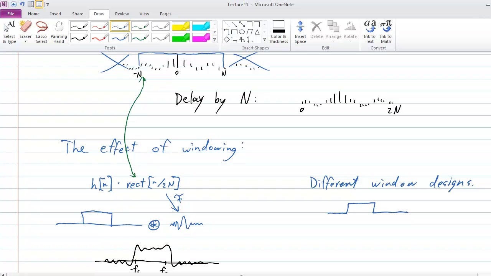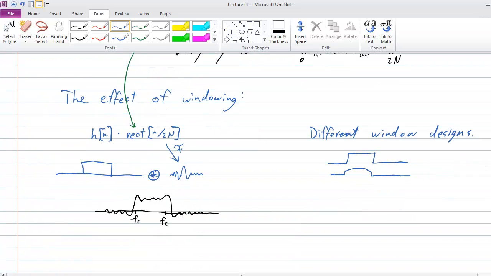You just cut off the ends. That's a rectangular window. But you could also use windows that kind of weight the middle more than the edges. Okay? There's a whole lot of different window designs, and they have different effects on the frequency response.